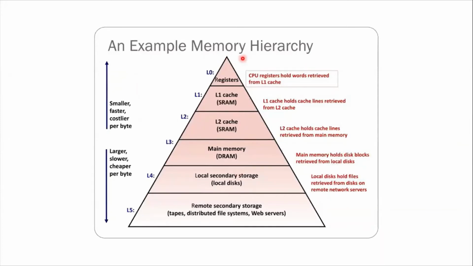So you can see there's a hierarchy from L0 to L5, and CPU registers hold from L1 cache. I just told you there's a register that temporarily holds the data. And there's an L1, L2 cache. Actually, there's an L3 cache also, but in the majority of cases L1, L2 is sufficient.